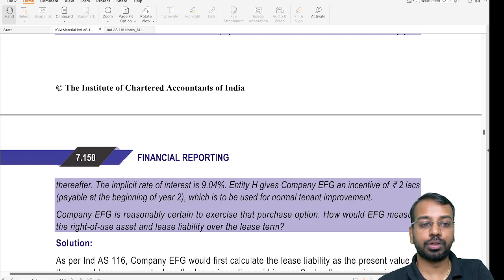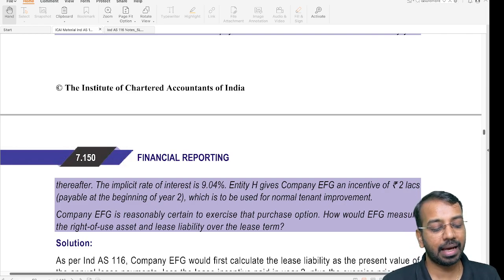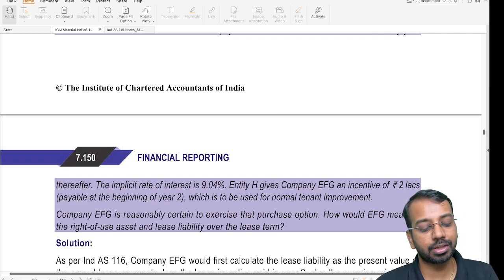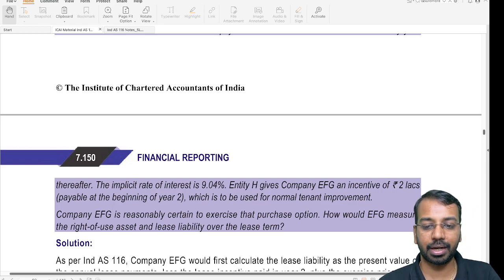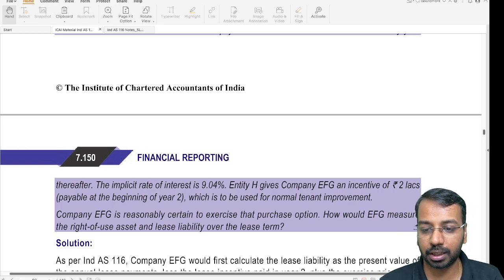See, now for example, two situations. One, what we did just now, where the rate also has changed, and there was also a change in the purchase option. So if the purchase option is there, then you will use the lease liability, the revised discount rate, and then you will calculate it accordingly.